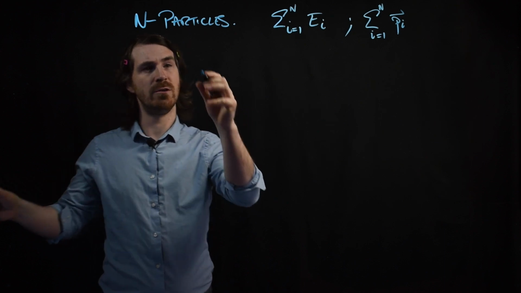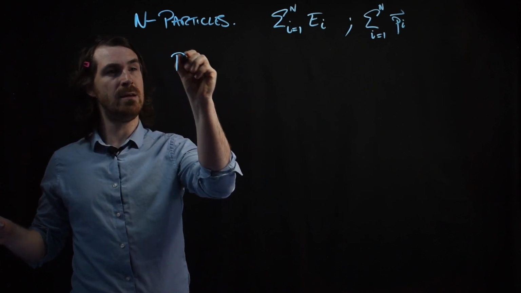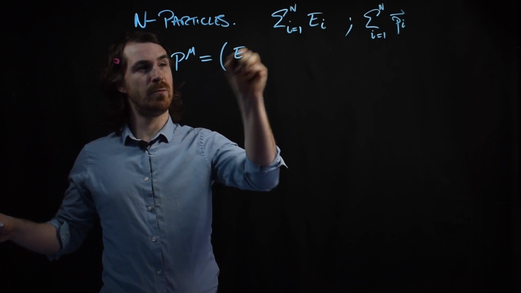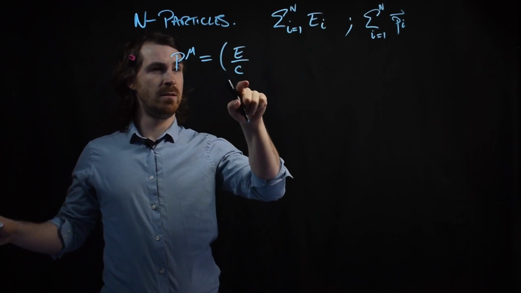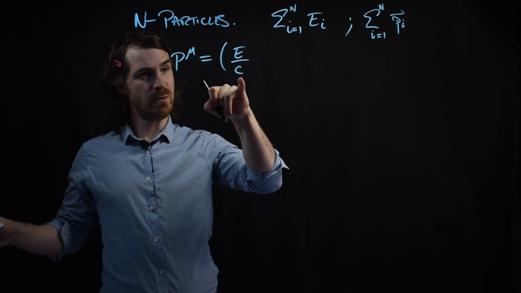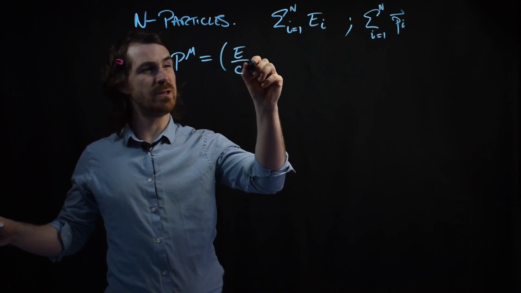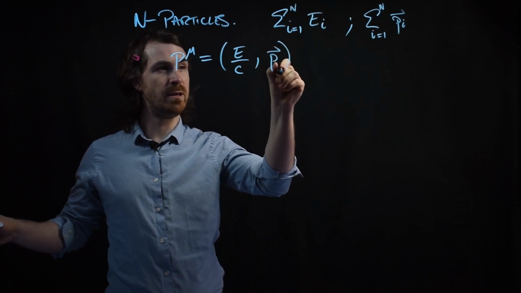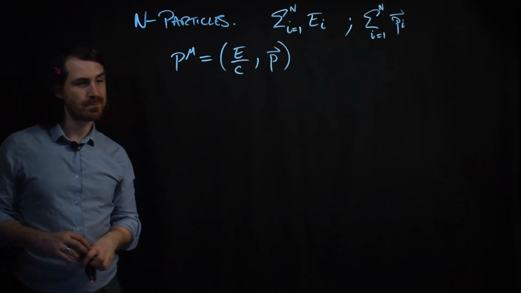But remember, we have our 4 momentum, p mu, which is defined as the energy of a particle over c. So this is a 4-vector. In the time-like first component, we have E over c. And then in the 1, 2, 3 components, we have the momentum p, the 3-vector momentum.